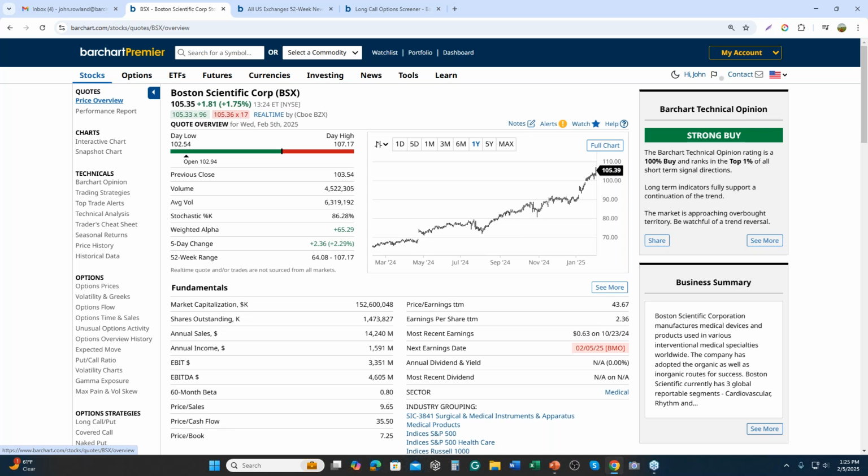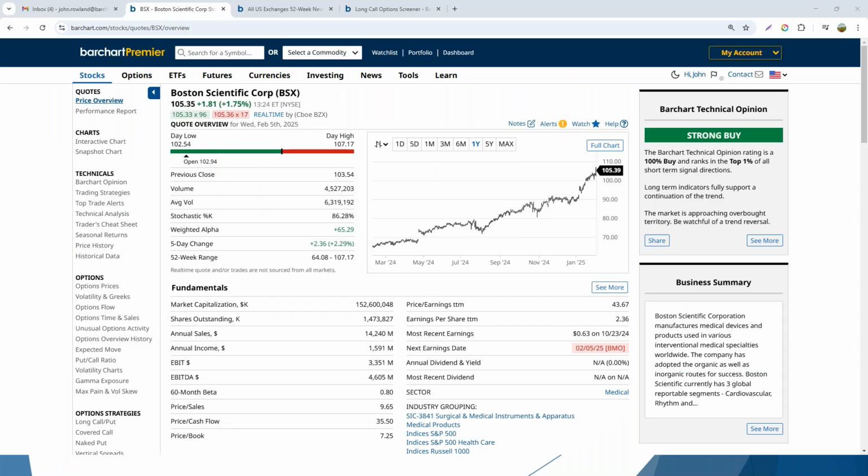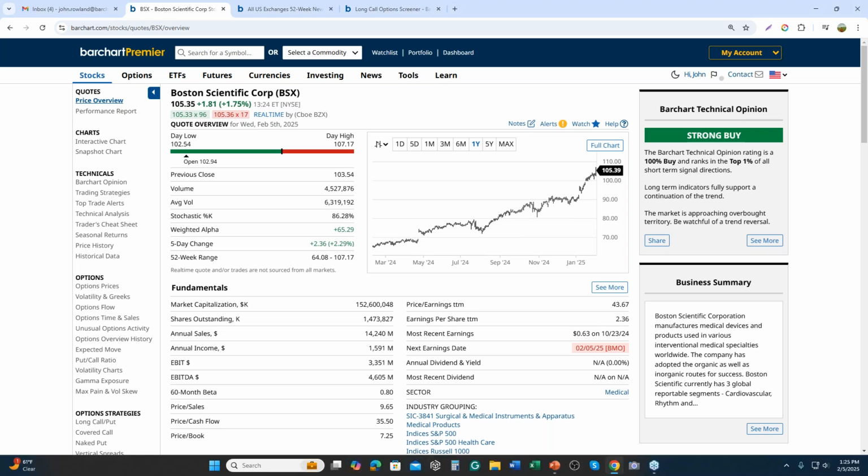And again, even though Boston Scientific looks great, it's still overbought right now, so we would hold off on taking a position. Yeah. So on this page here, we might tell you, hey, it might be approaching overbought territory, so you need to be careful. Not necessarily of a trend reversal, but a bit of a correction in our uptrend.